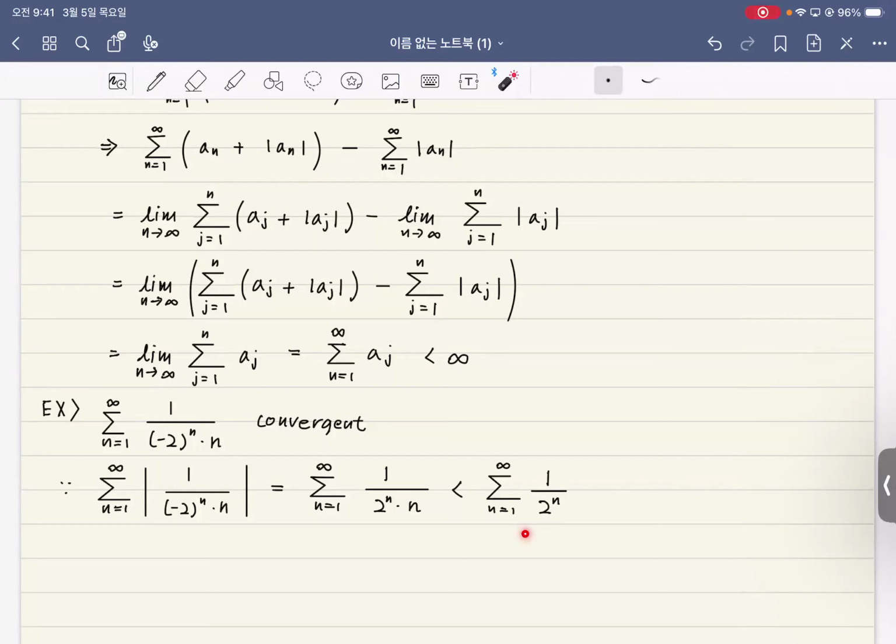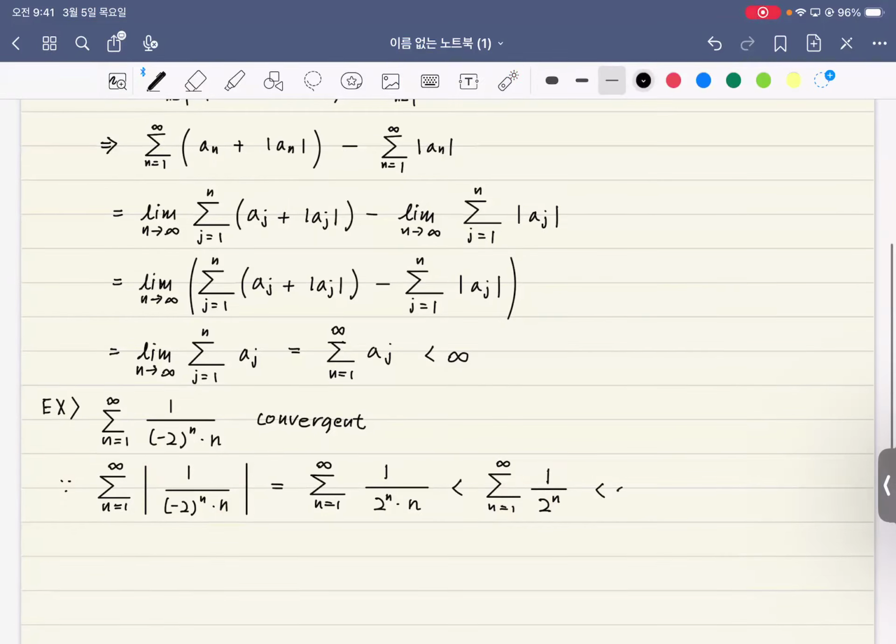And what is this? This is a geometric series whose common ratio is just 1 over 2. Therefore, this is convergent. Therefore, this is also convergent. So since the series with absolute values is convergent, the original series without absolute values also must be convergent.